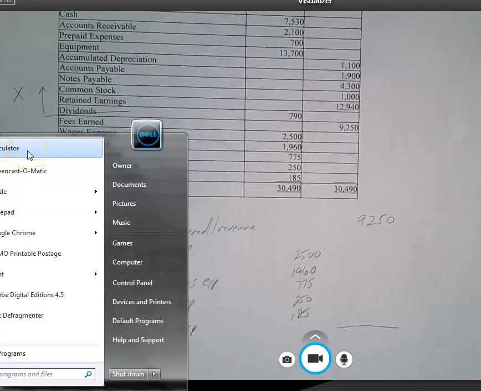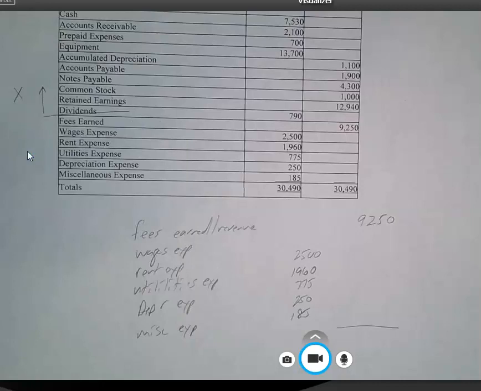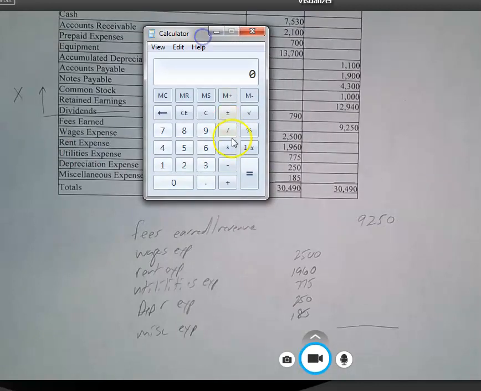is we're going to hopefully grab a calculator here sometime today. And we're going to take $92.50 minus $2,500 minus $19.60 minus $775 minus $250 minus $185.